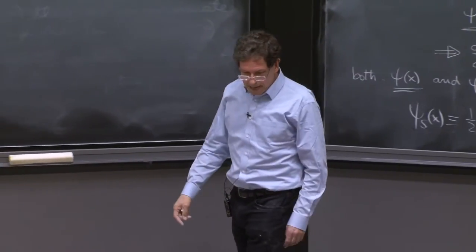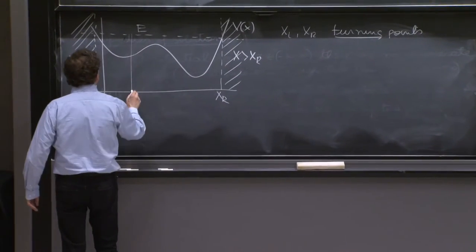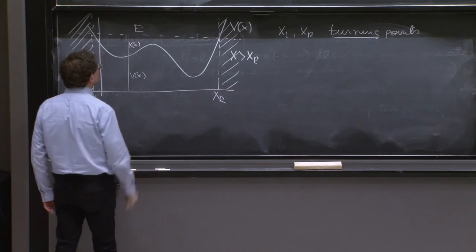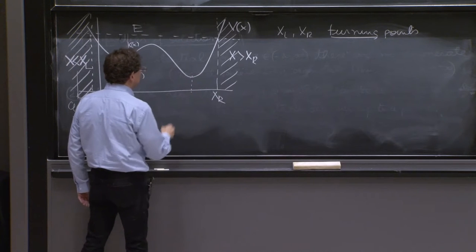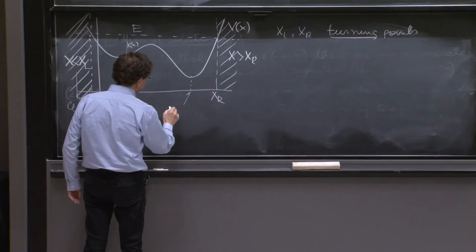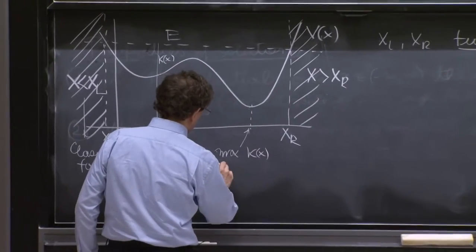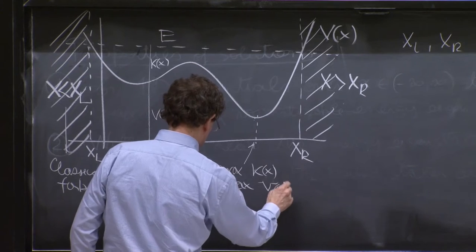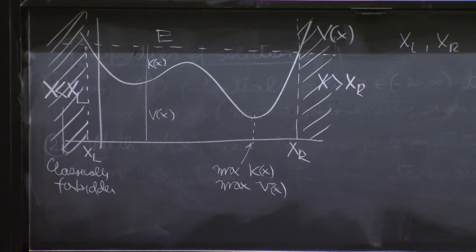As we mentioned, at any general point, you have V of x and K of x. And this point, for example, is the point with maximum K of x, or maximum velocity. This is the point where the particle is moving the fastest.